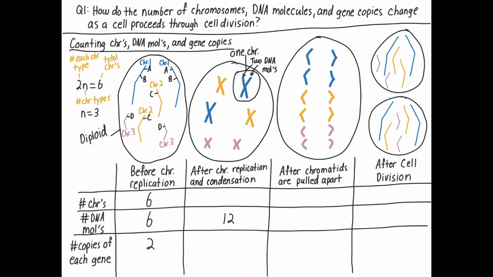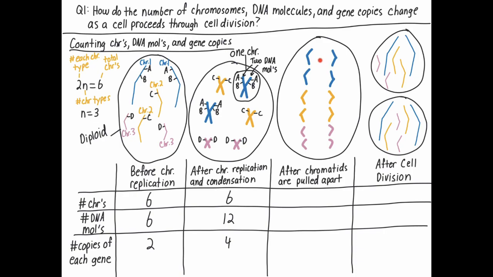Since there are 2 DNA molecules in each chromosome, there are still 6 chromosomes total. As for the number of copies of each gene, when each chromosome was replicated, their genes were also replicated. We see that there are now 4 copies of each gene in this cell.